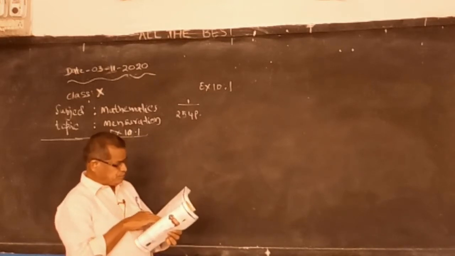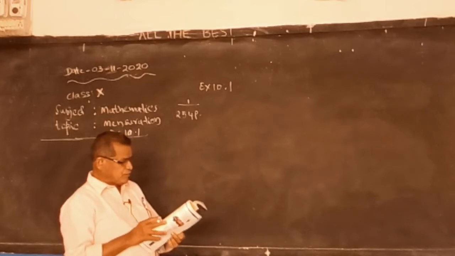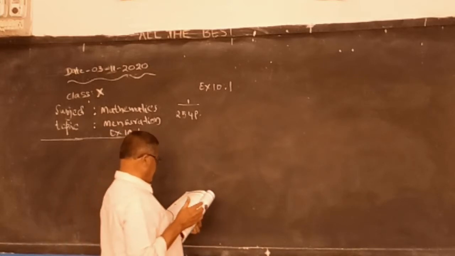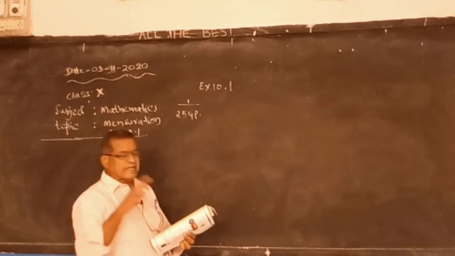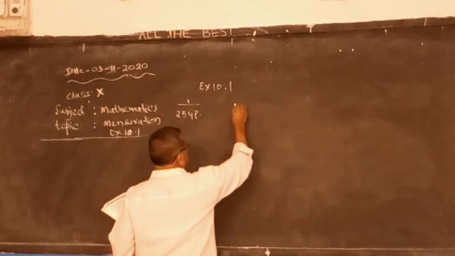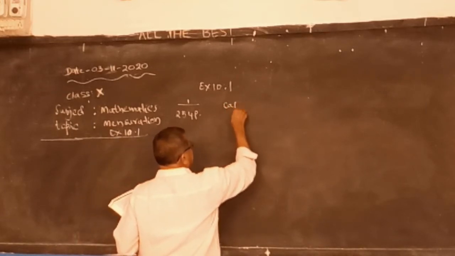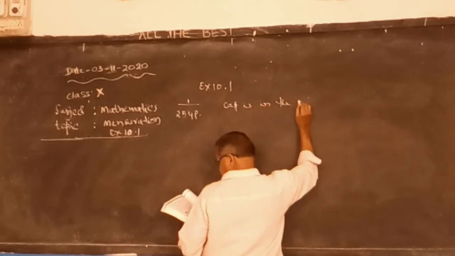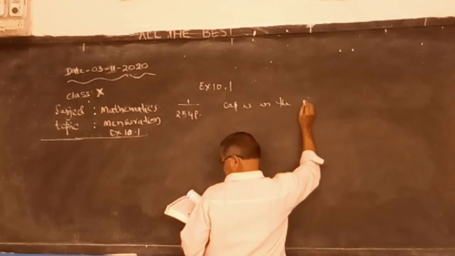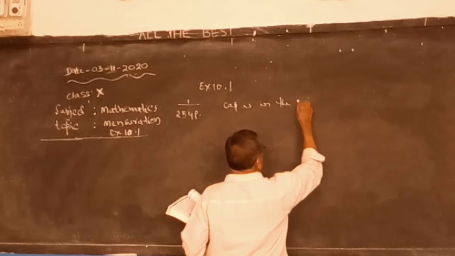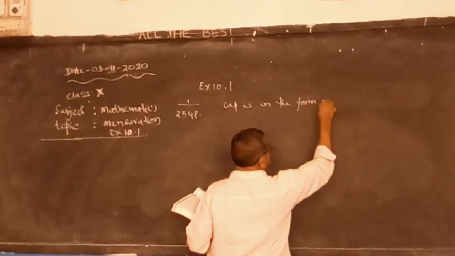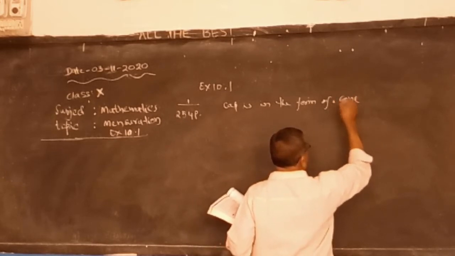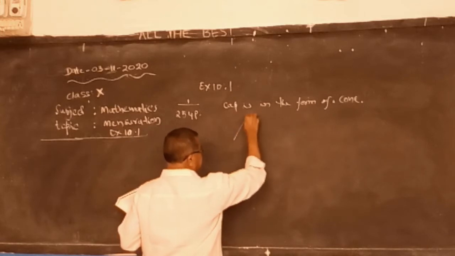First problem I will read now. A Joker's cap is in the form of a right circular cone whose base radius is 7 and height is 24. Find the area of the sheet required to make 10 such caps. The cap is in the form of a cone, so draw the cone figure.